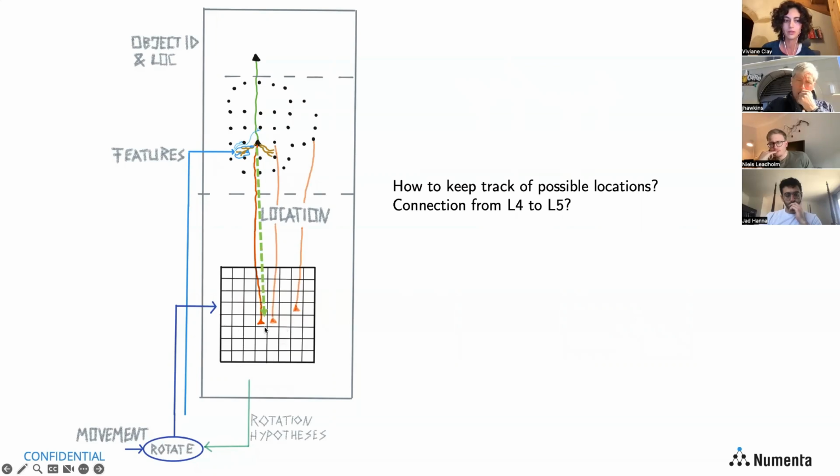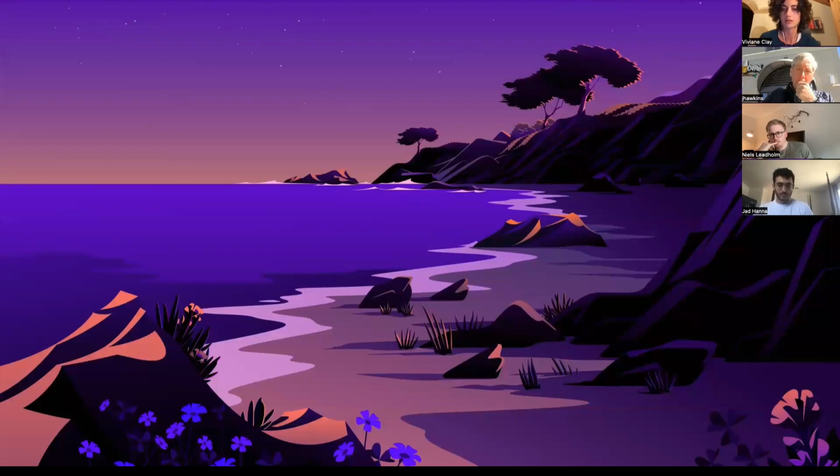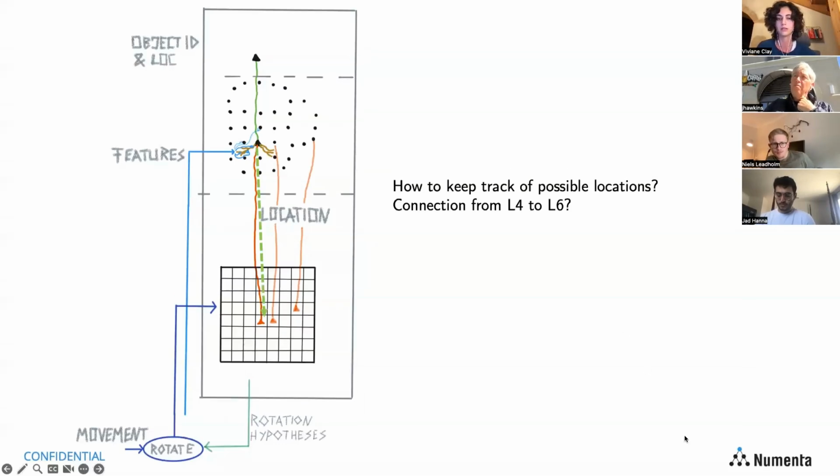So we only want to keep active the ones that are still consistent with the movement and features that we saw. By the way, I don't think it's layer 5. I think it's layer 6 we're talking about here. Oh, okay. Right. Yeah, let me change that. I think all the data would suggest that layer 6 is tracking orientation and location.